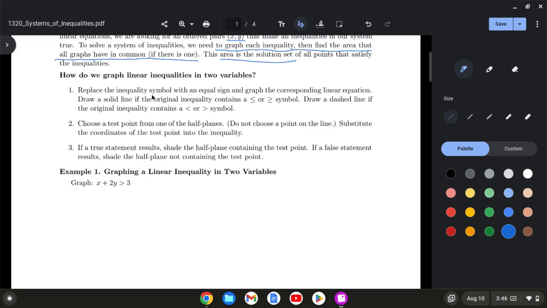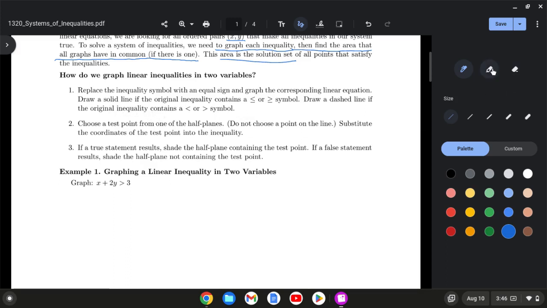So whether that's a less than, greater than, less than or equal to, or greater than or equal to sign, you're going to replace it with an equal sign, and then graph that linear equation. One thing that's really special about inequalities is the type of line that you use to draw your graph.